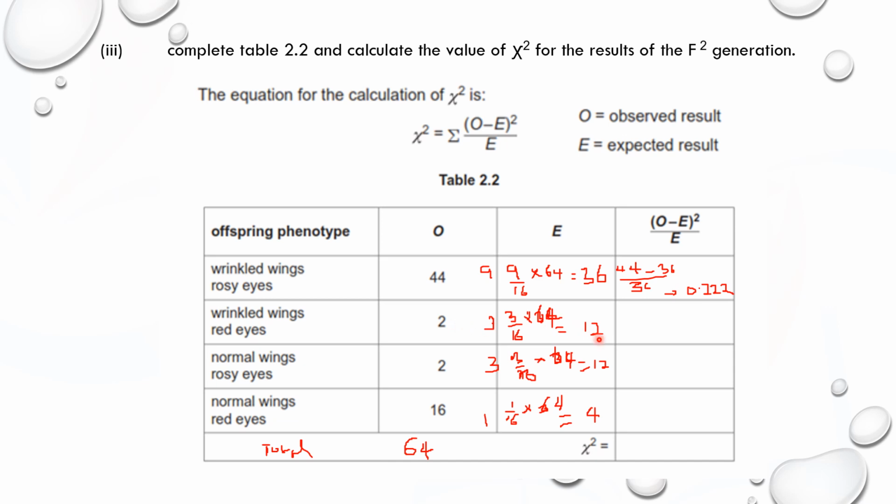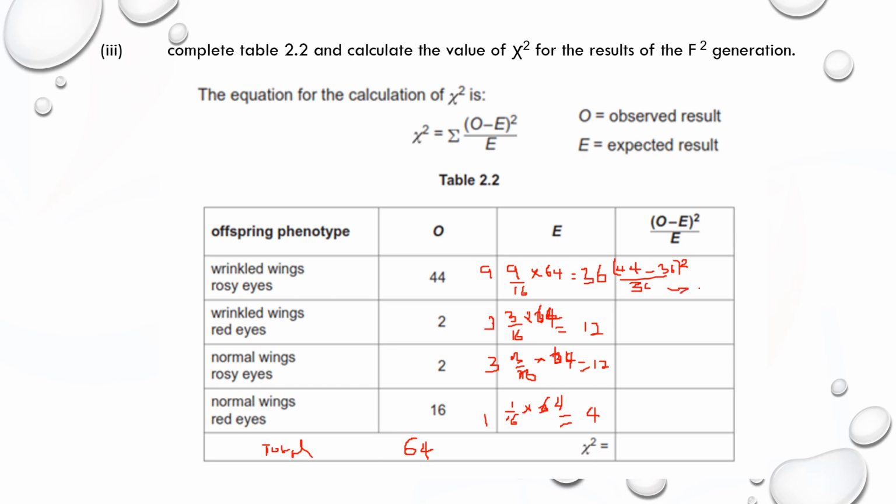Oh, we forgot to square. We have to square before dividing. How could I forget to square? So everything here is squared before you divide. You have to square everything there.